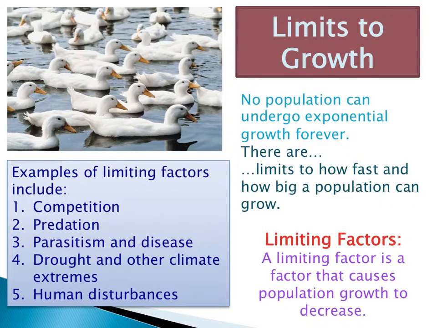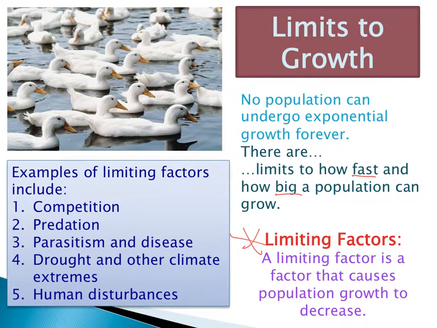All of this points us to the fact that there are limits to how big and how fast a population can grow. And in ecology, we call this concept limiting factors. No population can undergo exponential growth forever. There are simply limits to how fast and how big a population can grow.